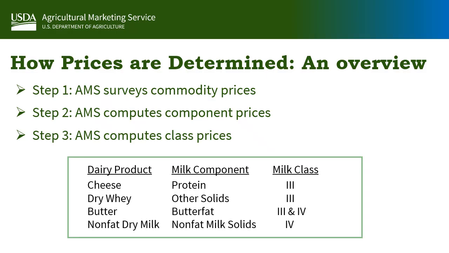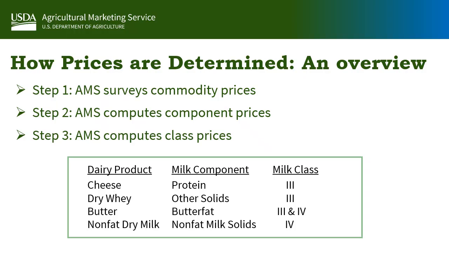Federal orders only regulate the minimum amount a handler must pay for milk in a particular class. Dairy manufacturers may, and often do, pay prices that are higher than the announced minimum prices. The federal order system ensures that at least the minimum classified price was paid.